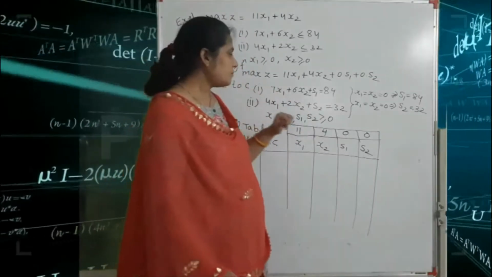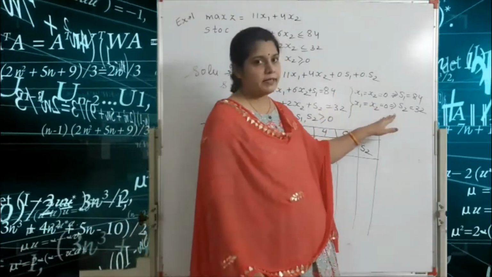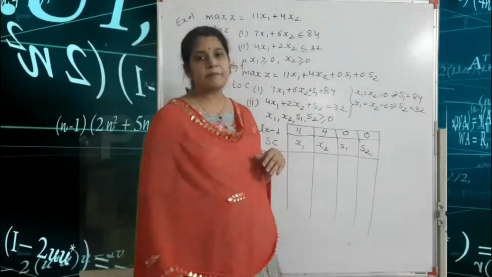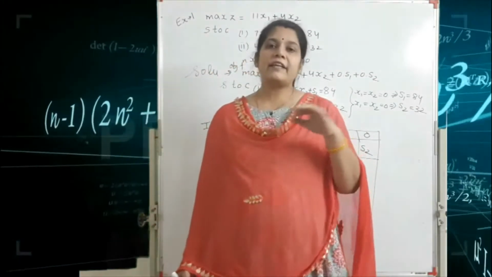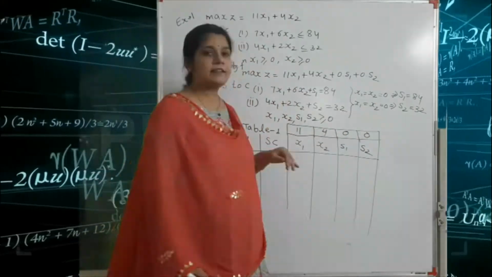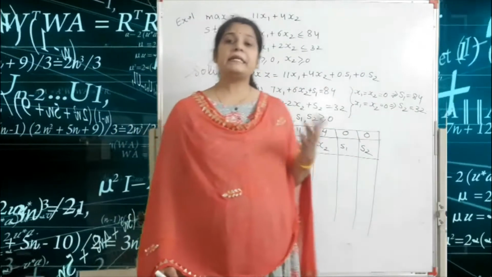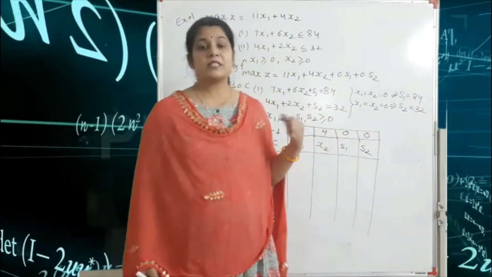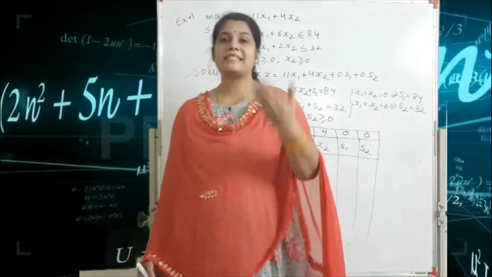Got it? Always keep in mind this calculation is very important, because in the simplex method there is no confusion about writing the basic variable. But in the Big-M method and two-phase method, sometimes we are very confused about how to write the basic variable.